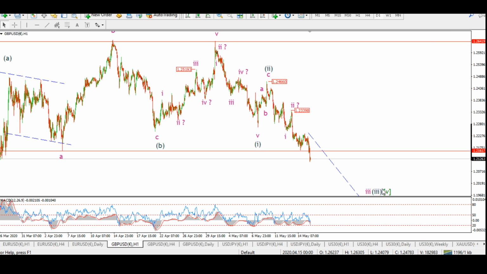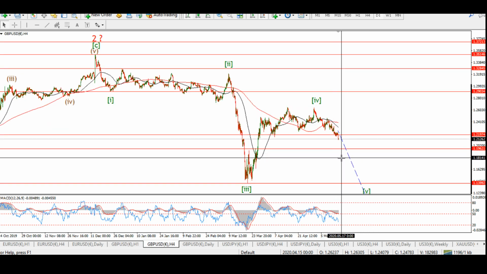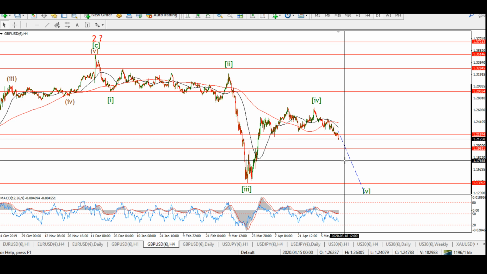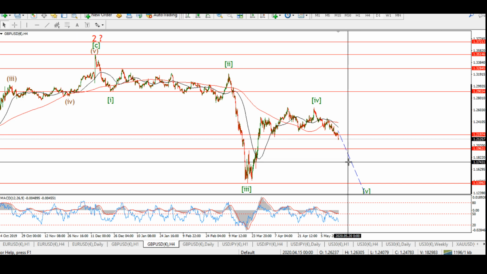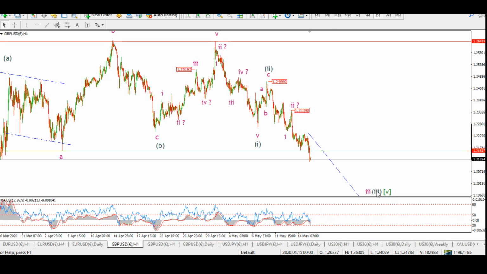Once this wave 3 completes, we should be down around the 116, 117 area in wave 3. So that'd be wave 3 in gray, and then we'd correct in wave 4 and 5 will come.